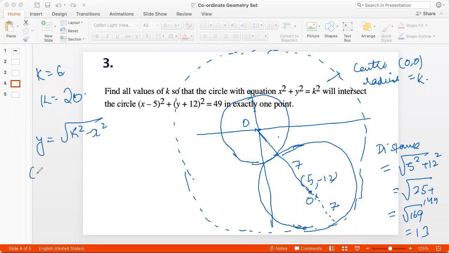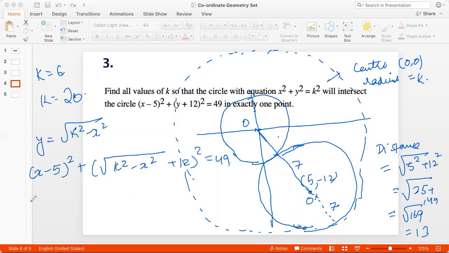So I get (x minus 5) the whole squared plus (square root of k squared minus x squared plus 12) the whole squared is 49. And this would get quite complicated when you expand it because you would have a square root term, right? And you would have to keep solving that. So I think in this particular question, it was simpler to solve it graphically.